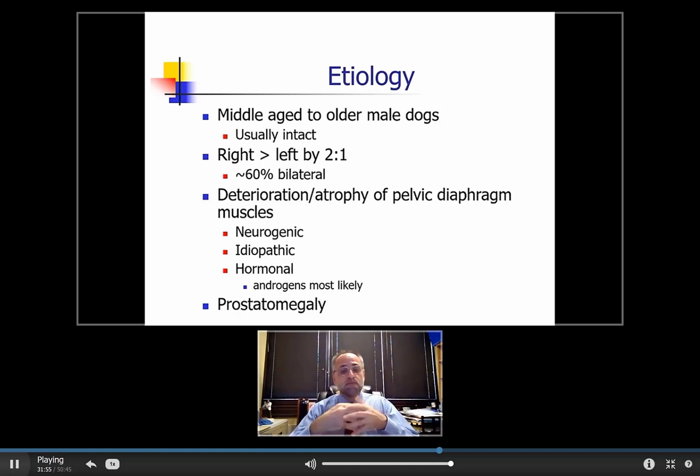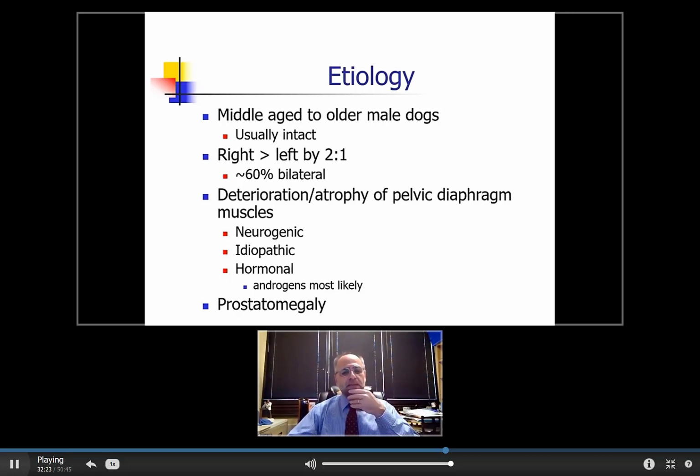But the right side of the perineum is the more common location for a unilateral hernia, but more than half the cases that we see are bilateral hernias. So again, when we palpate a hernia on the right, we always have to be really careful and check on the left side, and it's by rectal exam that we'll feel a diversion of the rectal wall into the hernia, and we won't be able to palpate that pelvic diaphragm.